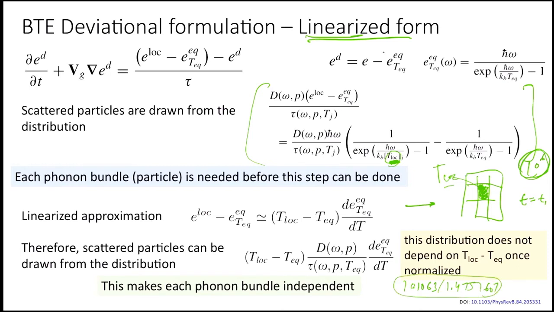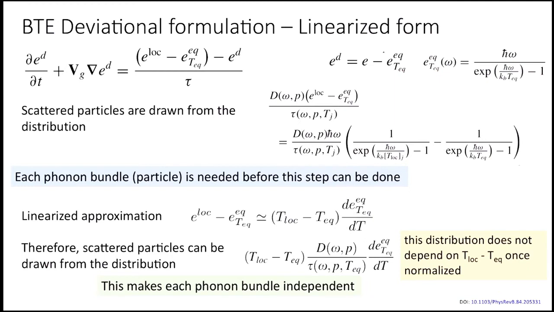It is a paper from 2012 where they talked about this linearization of this term. The linearization was done to get rid of T log so that we don't need to treat all the particles at the same time. We could treat them more independently.